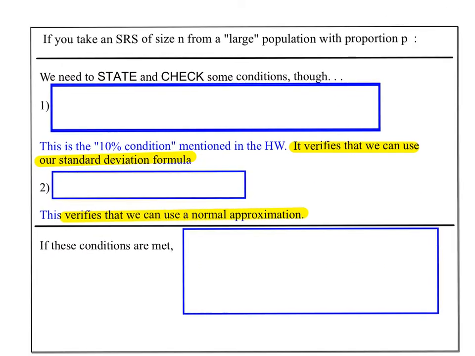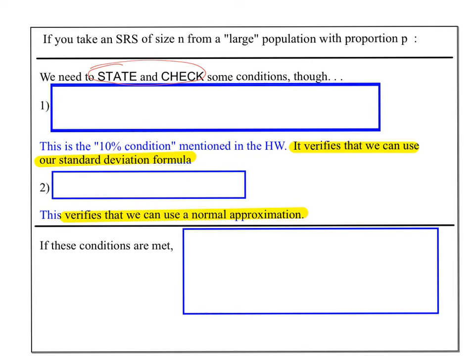So, in order to use those formulas, we have to check some conditions. When we are doing a problem, we're going to need to both state and check our conditions. And this is true on the AP test. According to their rubrics, we have to both state and check.